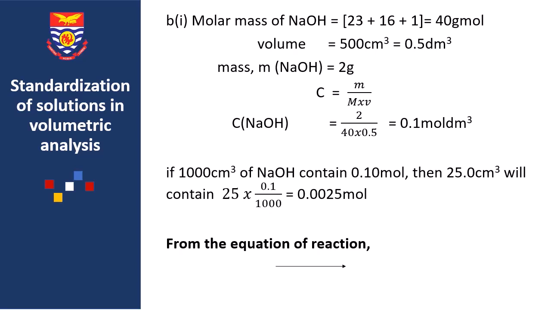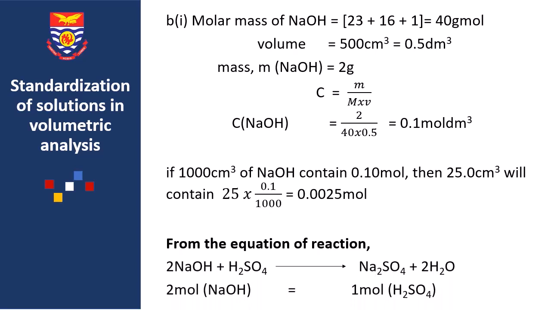Now, knowing this from the equation, we have 2 moles of the sodium hydroxide reacting with 1 mole of the acid to give us our salt and water. So if 2 moles reacted with 1 mole of the acid, then this 0.0025 moles of the base, which is sodium hydroxide, will give us what moles of the acid?